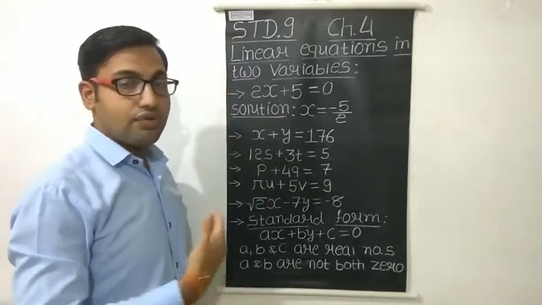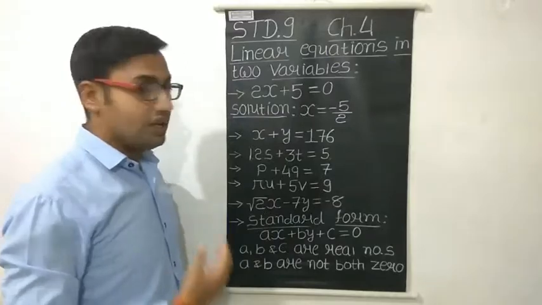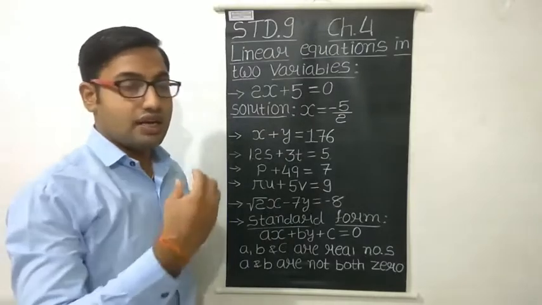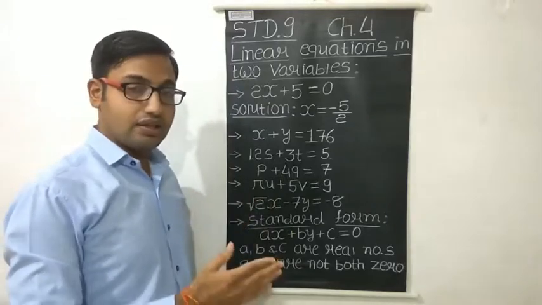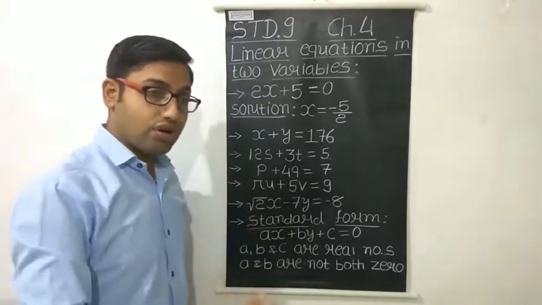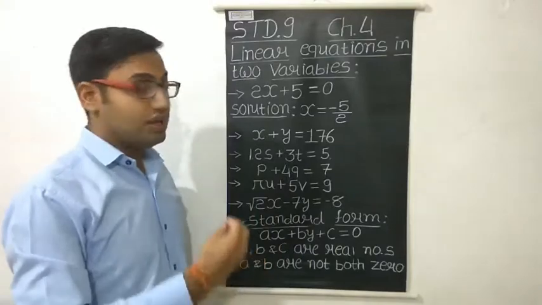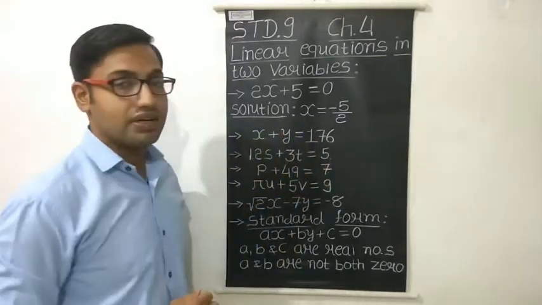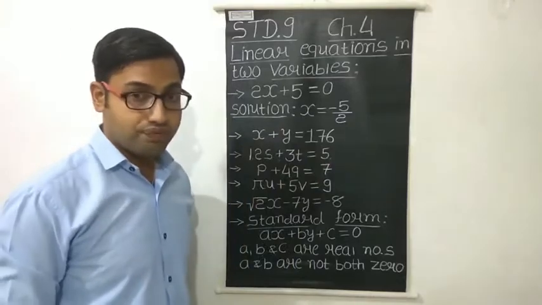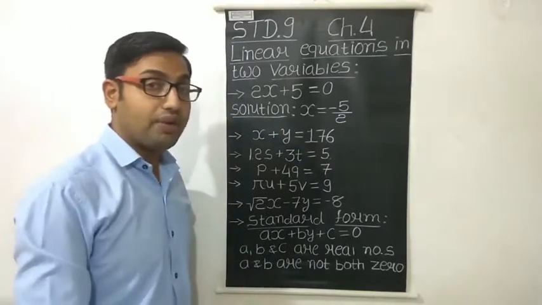Now let us study two variables. Consider a situation that in a cricket match, two batsmen score runs, and the total score by both the batsmen is equal to 176. Now we don't know how many runs each batsman scored.